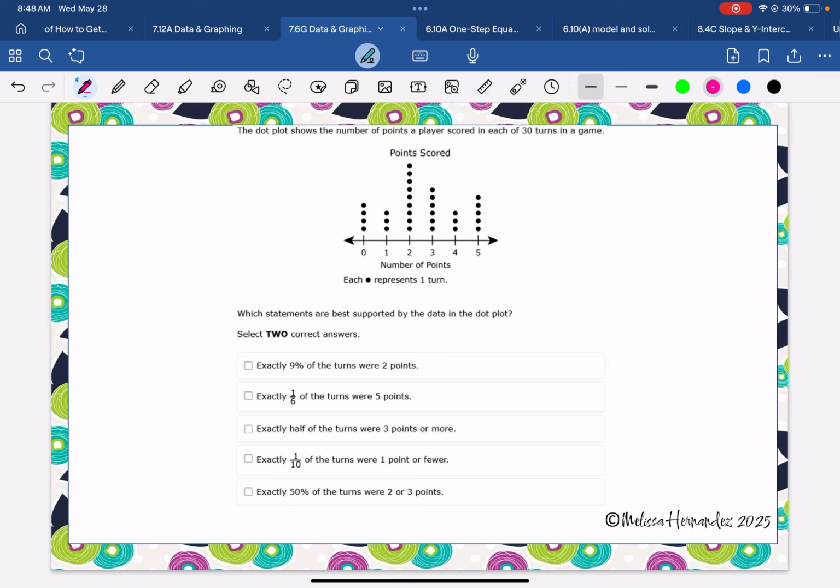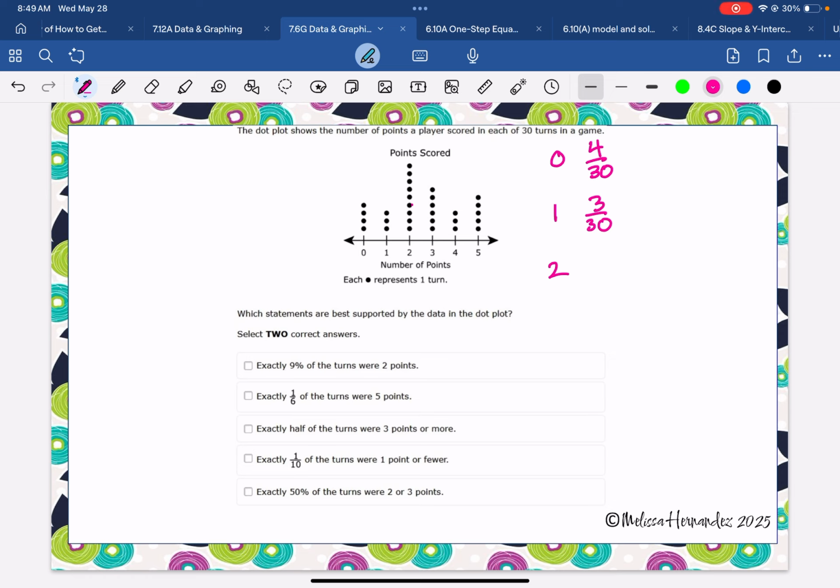First thing I recommend is to set up fractions for each of them. So for 0, I know 30 is the total and there's 4 dots. So that means 4 out of 30 scored 0 points. And then I'll do the same process for the rest. I'm not saying this is what you have to do. Nobody wants to get one problem wrong just because they didn't feel like doing it.